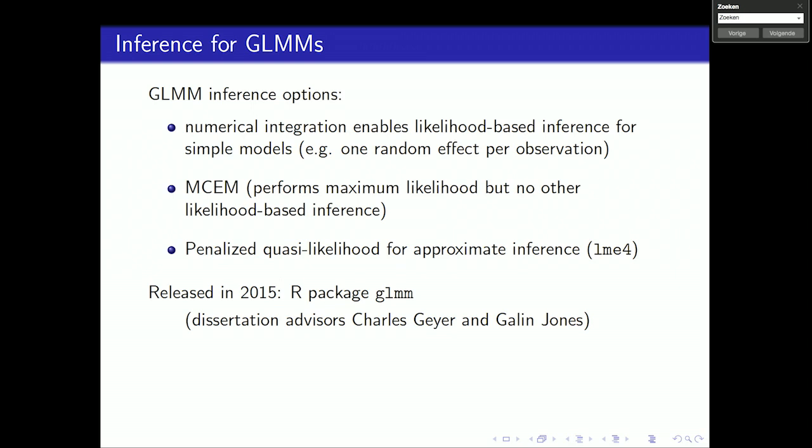Okay, so what are you supposed to do then if the likelihood-based inference is the way to go, but likelihood-based inference is hard? So if you have a simple problem, like one random effect per observation, then you could do numerical integration. The problem with that, you can probably notice, is that you can only have one random effect per observation. Another option might be using Monte Carlo EM.